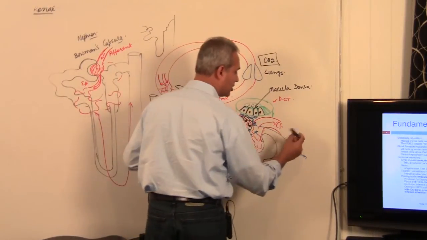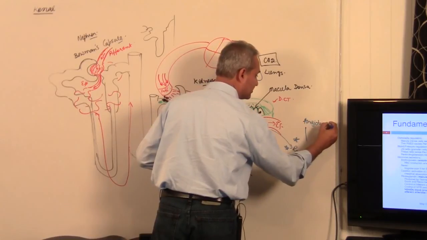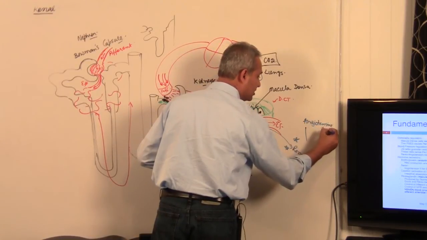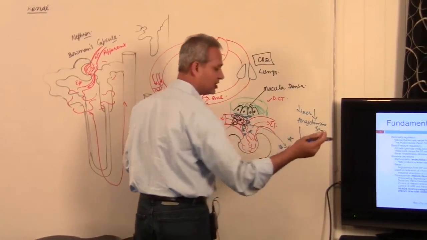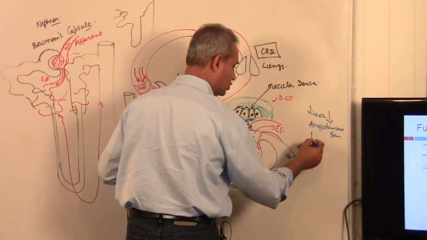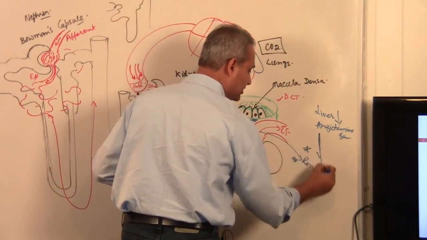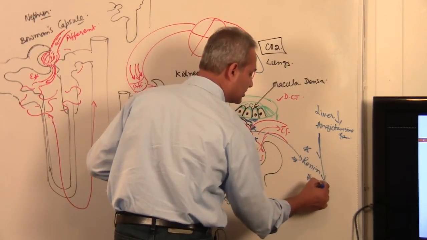So now we got in renin. Renin is going to work on angiotensinogen, which is coming from liver. Liver makes most of the proteins, so there is no mystery here. Renin is going to work on the angiotensinogen, which would make angiotensin 1.